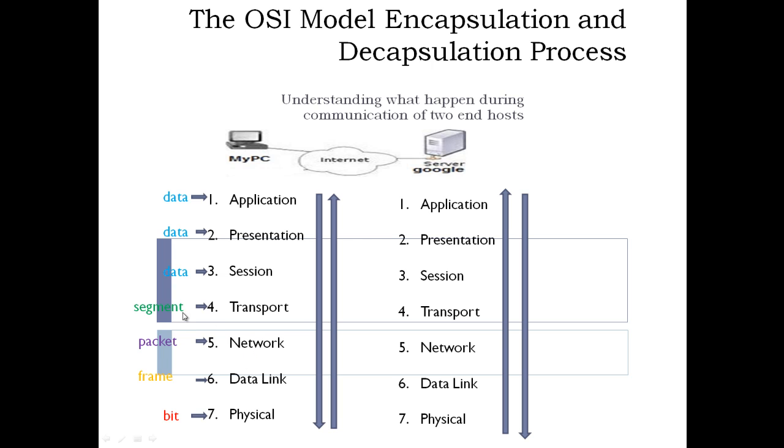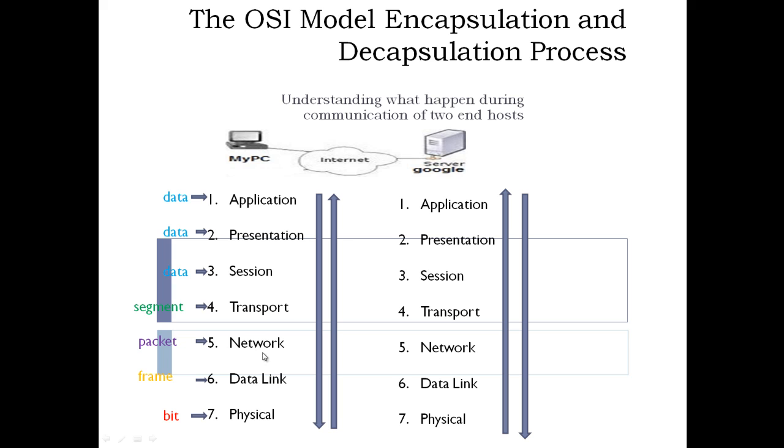And if you hear the word segment, that means you are on the transport layer. And we go down here to the data link layer. On this layer the data is called a frame, and the data link layer will also add something to the data.